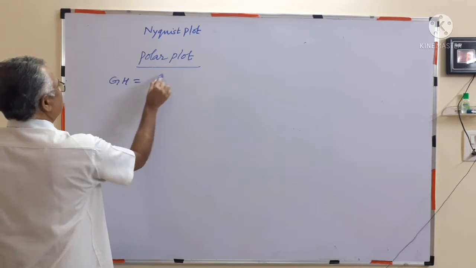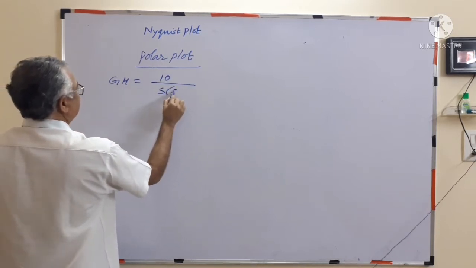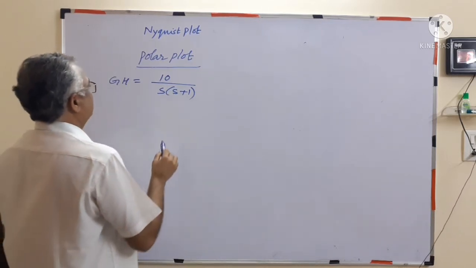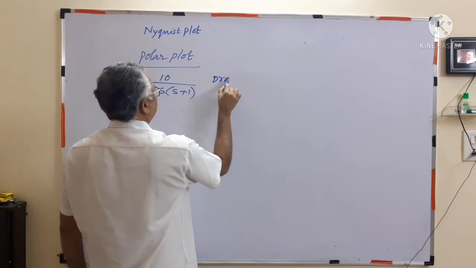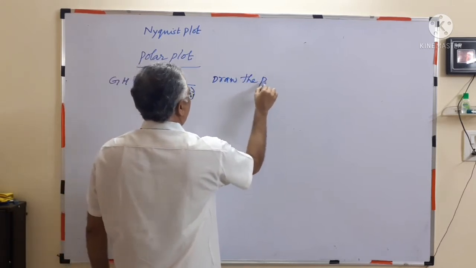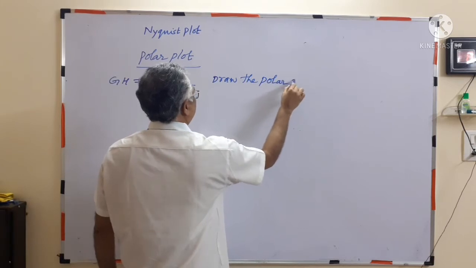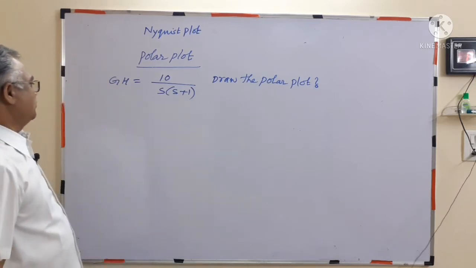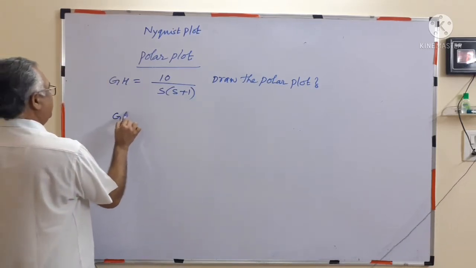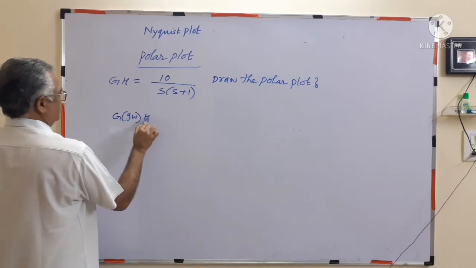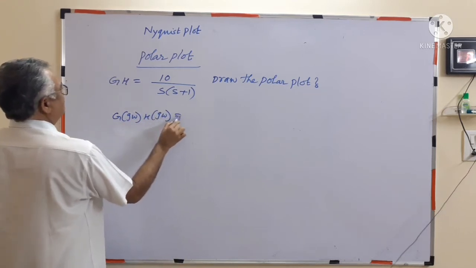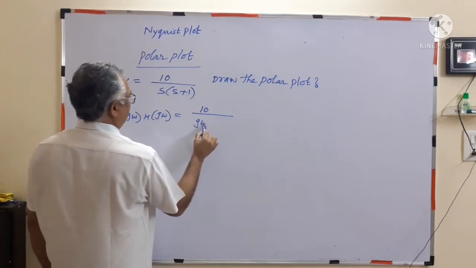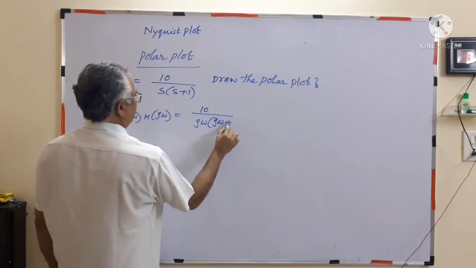Given GH equal to 10 by S into S plus 1. Now draw the polar plot. This is very simple. Now G(j omega) H(j omega), because S equal to j omega, is 10 by j omega into j omega plus 1.